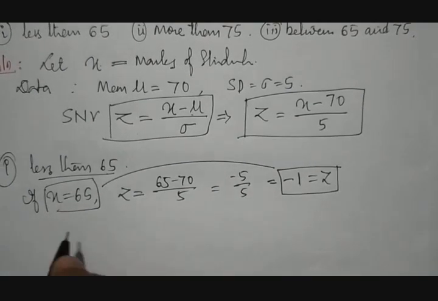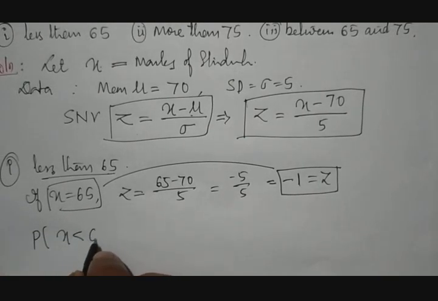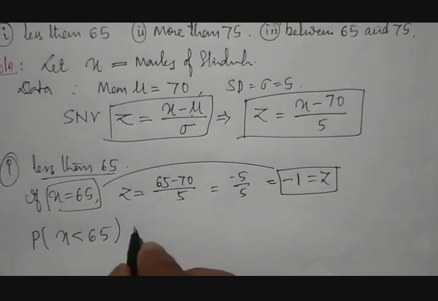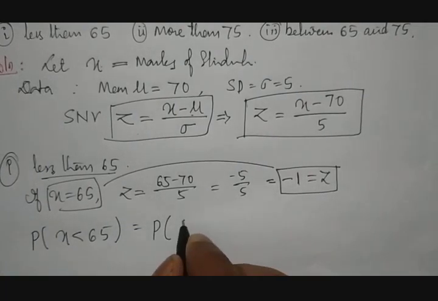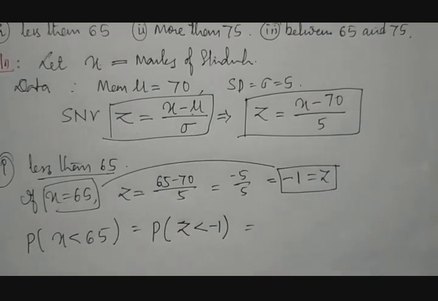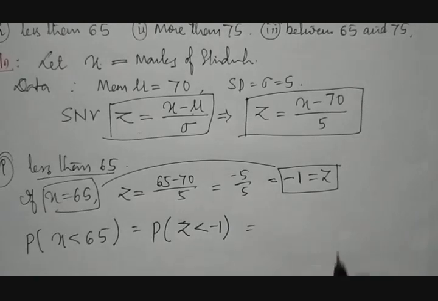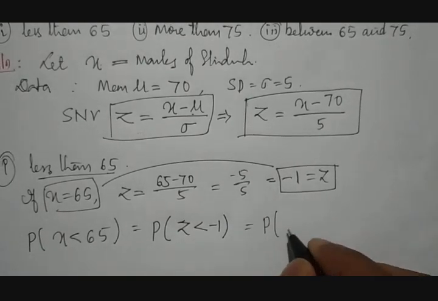Fine. Therefore, we need to calculate probability of x less than 65, which is nothing but calculating probability of z less than minus 1. But calculation towards minus 1 is not possible. Because of that, we'll take it to the positive side.